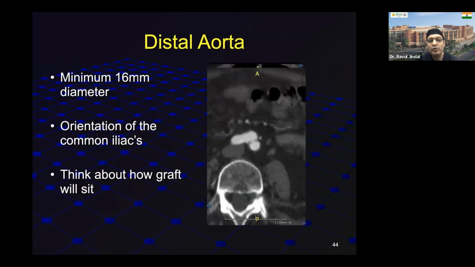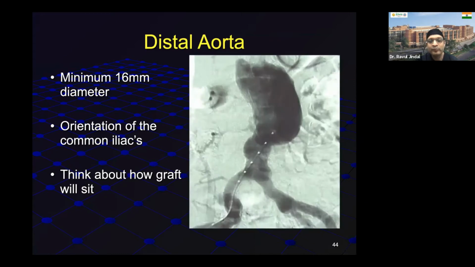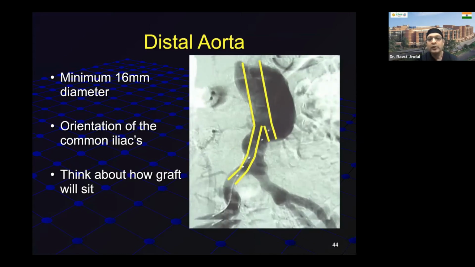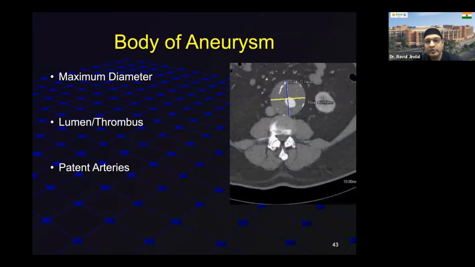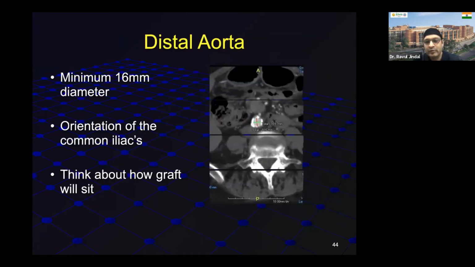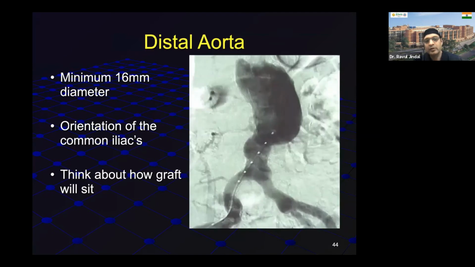This is how the aortic bifurcation looks like. Look into this. Now look into this. Where is the aorta landed? I'll just put in the picture here again. Now, should you go from the right side or should you go from the left side?